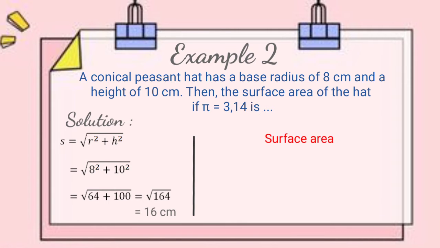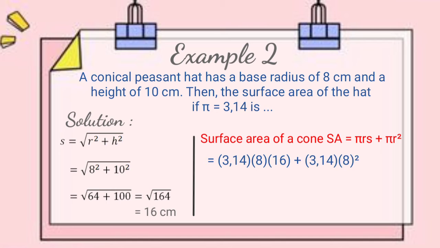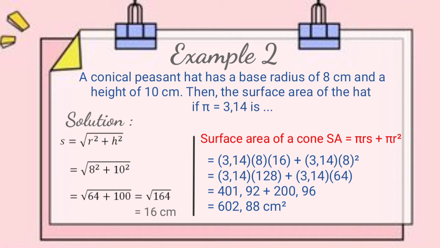The total surface area of the cone is therefore SA equals π times r times s plus π times r squared. Then insert s is 16, we will get 3.14 times 8 times 16 plus 3.14 times 8 squared equals 3.14 times 128 plus 3.14 times 64.